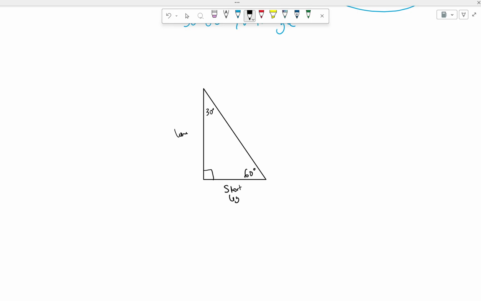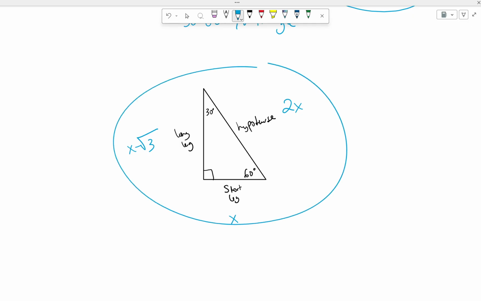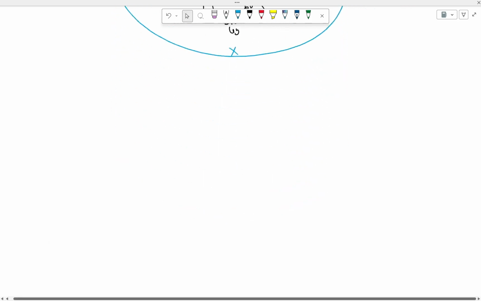This is the long leg, right? That's opposite this. And now the biggest side always is the hypotenuse anyway. Remember, this guy would be 2x. Short leg is half. The long leg is the short leg times rad 3. Here is my 30, 60, 90. All right? So let's do some examples.